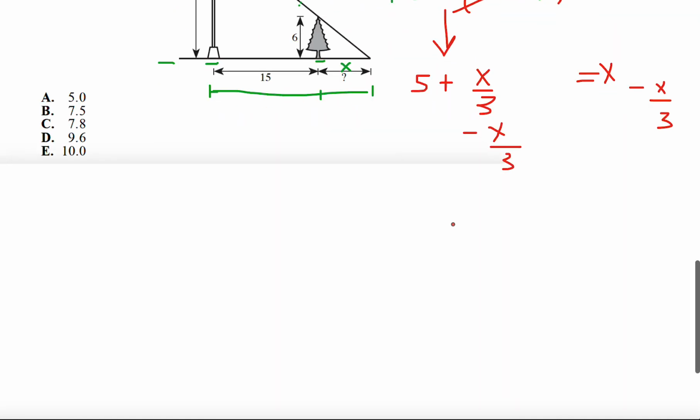And when we do that, this simplifies to 5 is equal to 2/3 x. To solve for x, we can get rid of the 3 in the denominator, so we multiply this side by 3, and do the same on this side as well.